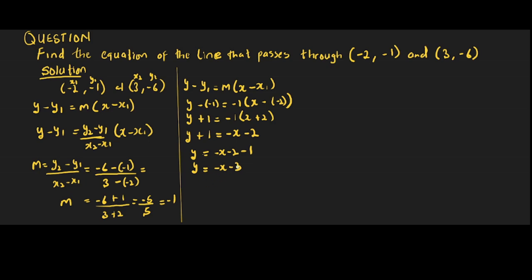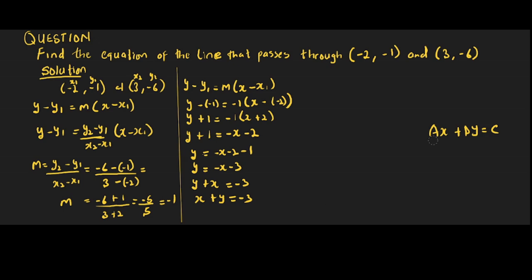Then we have the equation of the line here in the gradient and intercept form. If we want to leave it in the general form, which is ax plus by equals c, then this is going to be y plus x equals minus 3, or x plus y equals minus 3. Here we have the equation of the line.